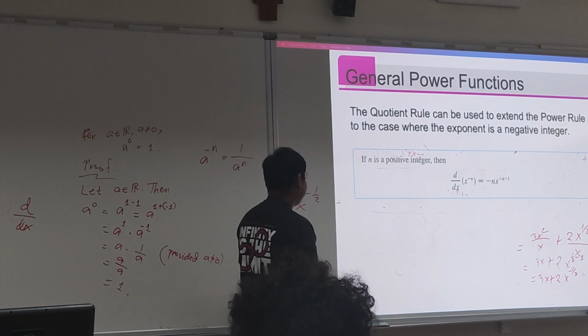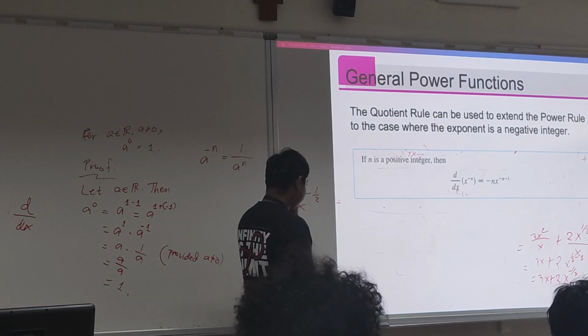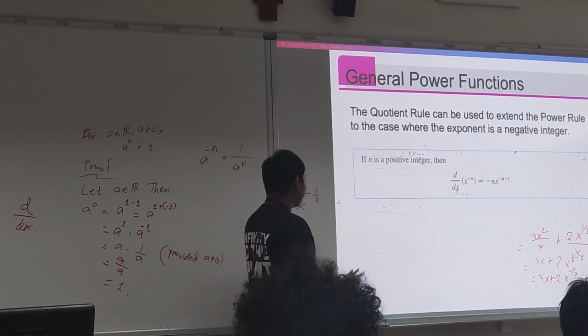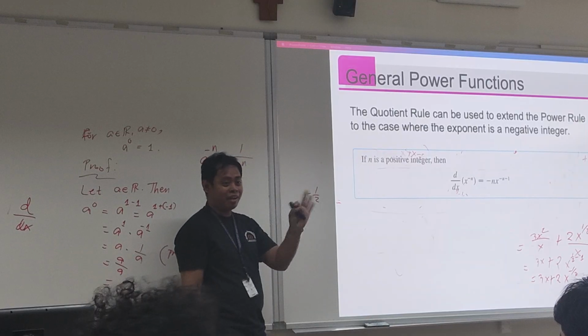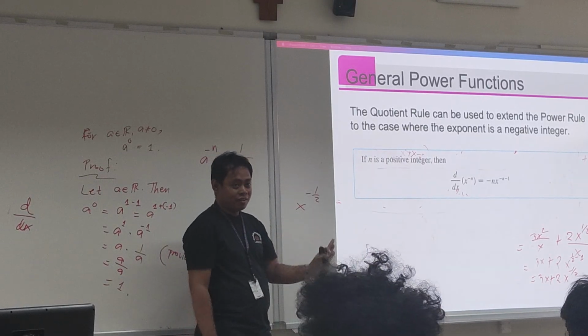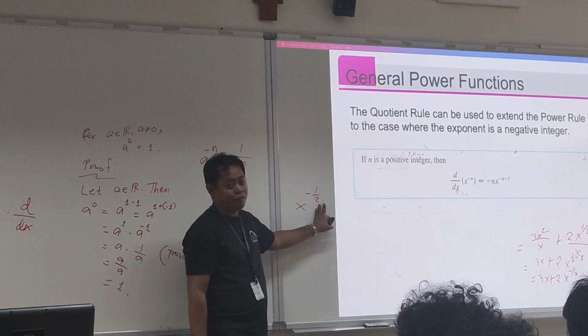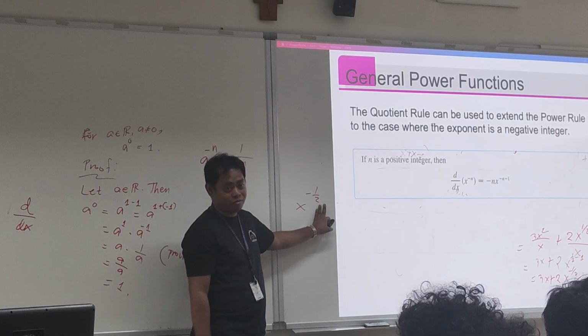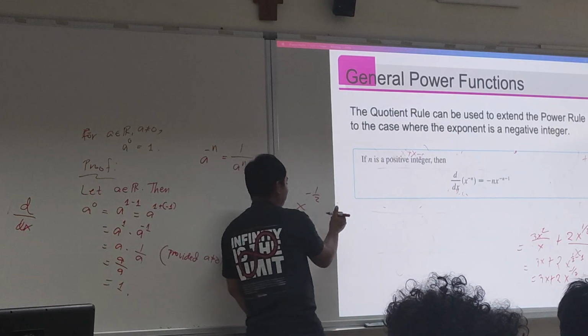Good. This works when n is a positive integer, but it can also be interpreted for rational exponents. What's the derivative of this one now?